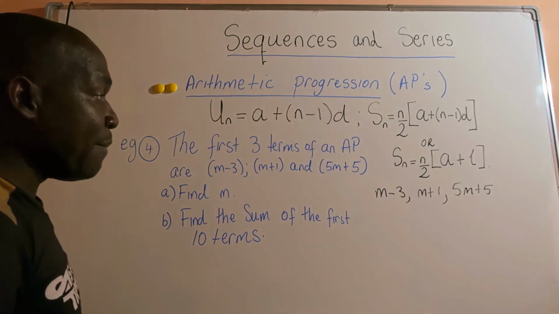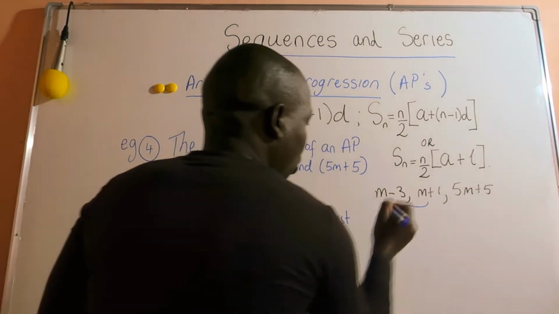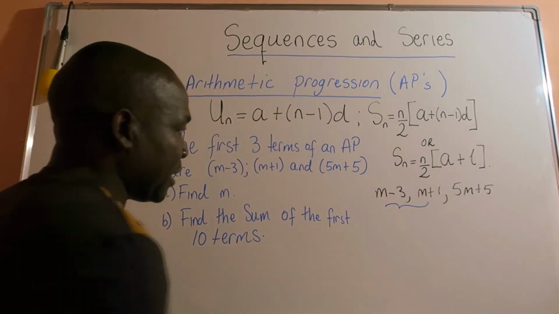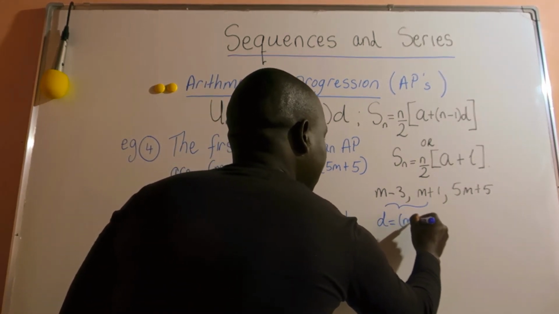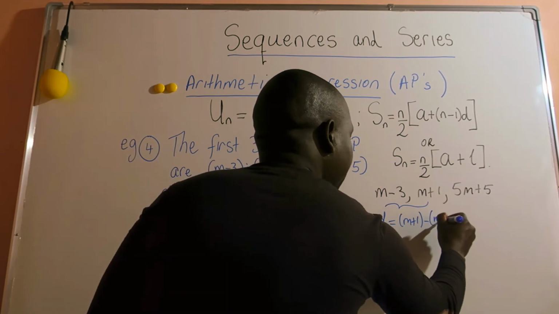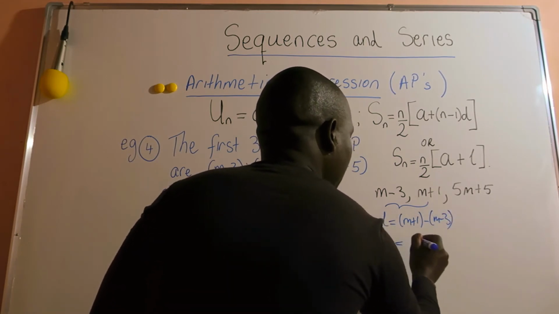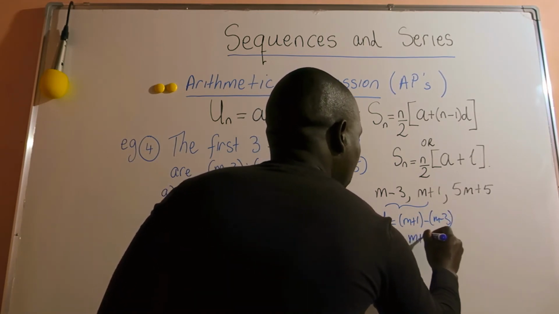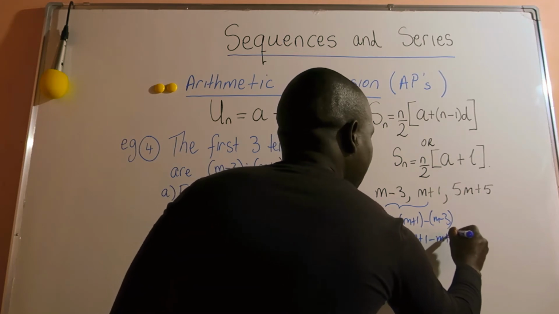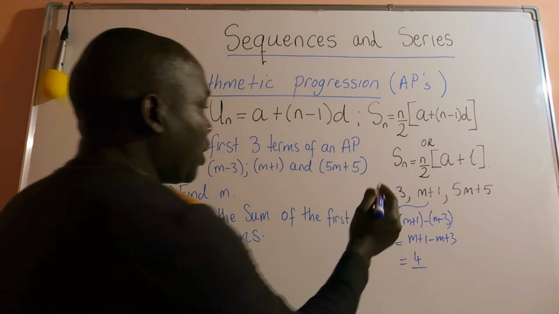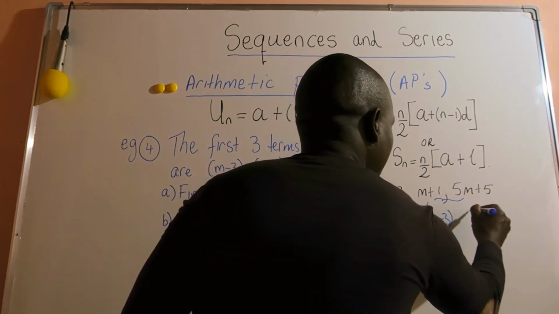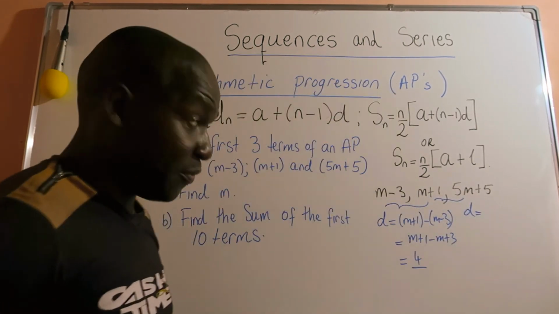Right. To get m here is simple, because remember, to get d, the common difference, you can use these two to say d is equal to the next term minus the previous term, and this is going to be equal to m plus 1 minus m plus 3, which is equal to 4. So you get 4 here. You can do the same using these two terms, because remember you get the same common difference here.